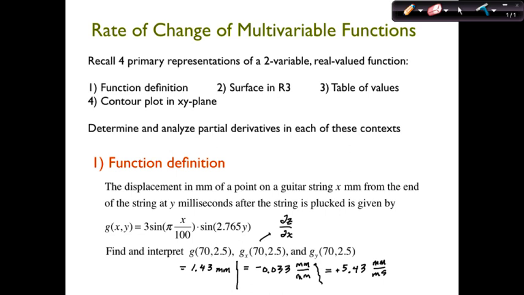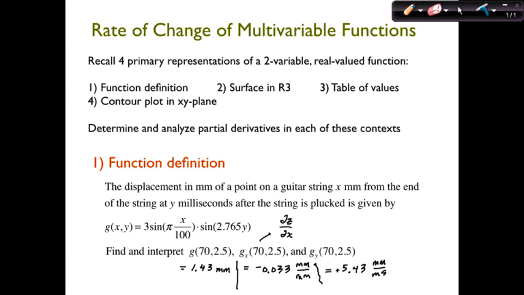Whew. Okay. So how about the partial with respect to x? Christian, did you get this one? Yep. Tell me. So what does this number mean? This number means how much the string displacement in the z direction will change for any change towards or away from the end. By negative 0.033 times the change.